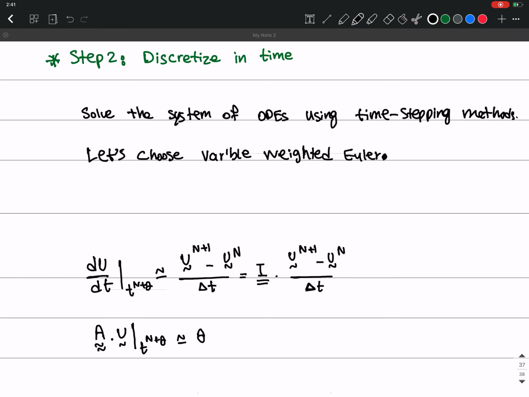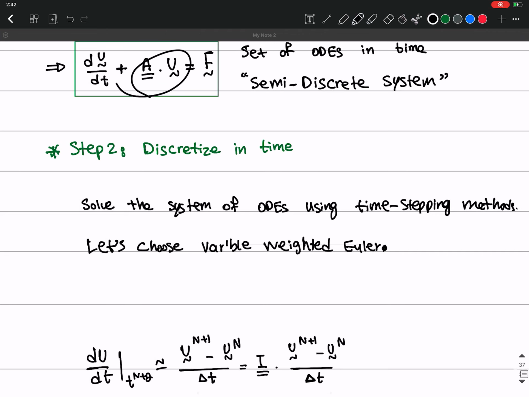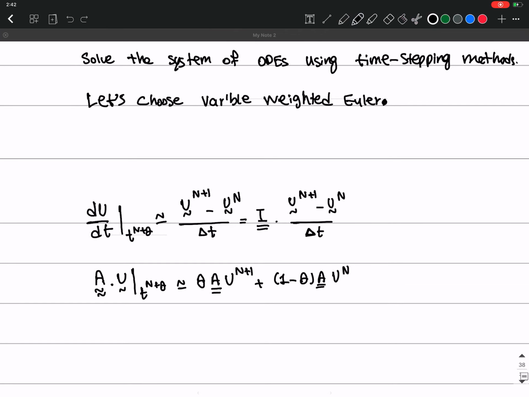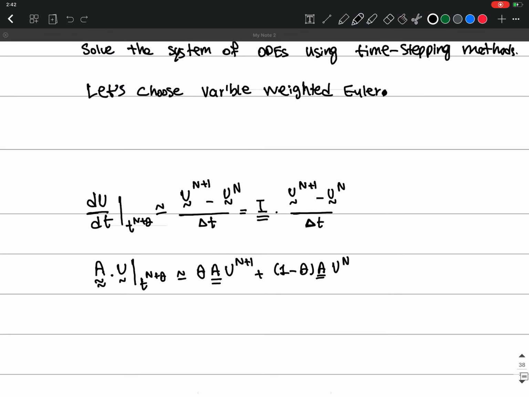So we are gonna impose it for this term, theta A Un plus 1 plus 1 minus theta A Un. Okay, this is for the second term here. And then the third term is f, right? The forcing term is sometimes called a forcing term. F at Tn plus theta, we just write it as Fn plus theta, okay?